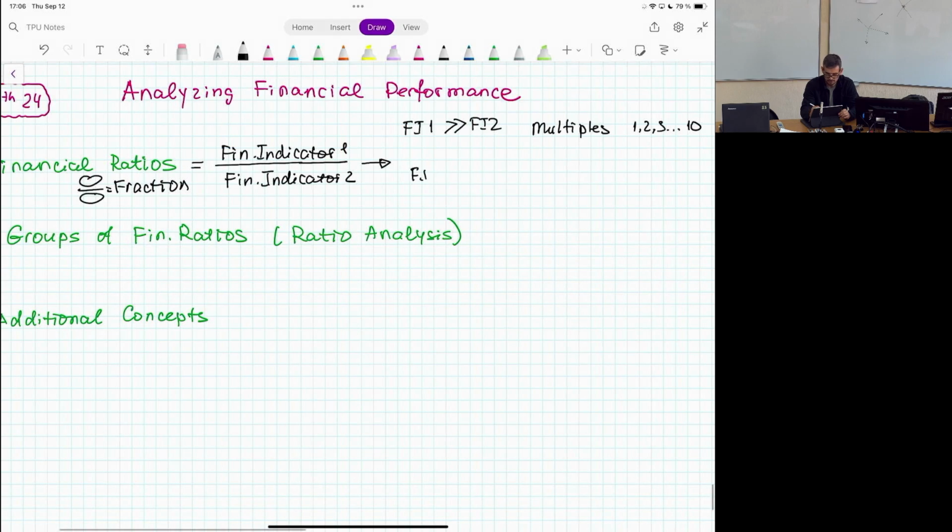If financial indicator 1 is less than financial indicator 2, then we will call it percentage ratios. So it's how you express it. You either express it in multiples, 1, 2, 3, 4, 10, 20, 100, or as a percentage, 20%, 30%, 50%, because it's easier to present.